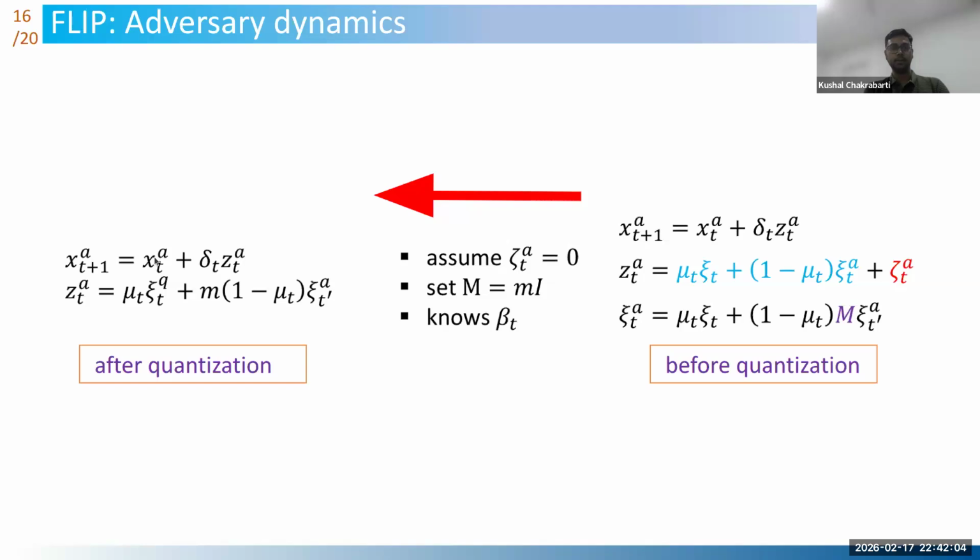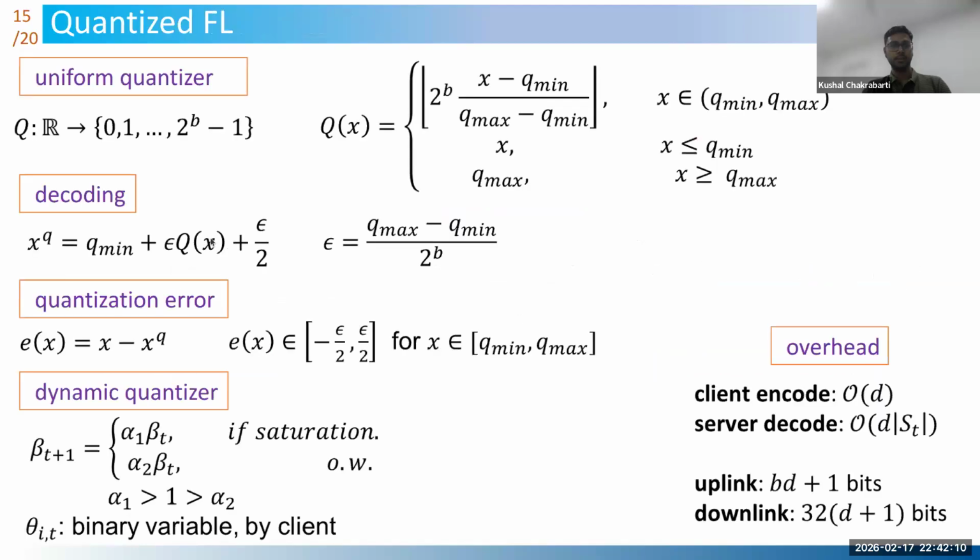One important thing to note here is that because the adversary knows beta t, only regarding quantization, the adversary has the same amount of information as the client has for decoding. So based on whatever Q(X) the client is sending, the X_Q at the adversary's end and X_Q at the server end are going to be the same.